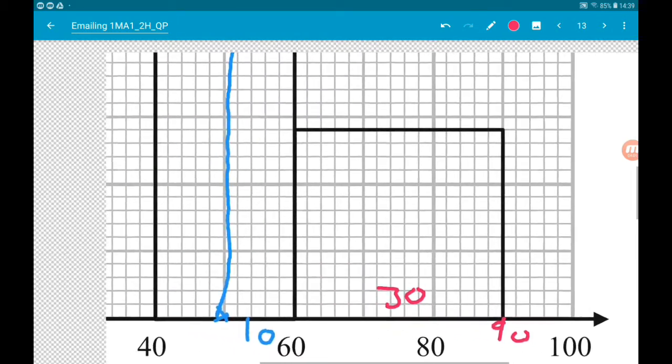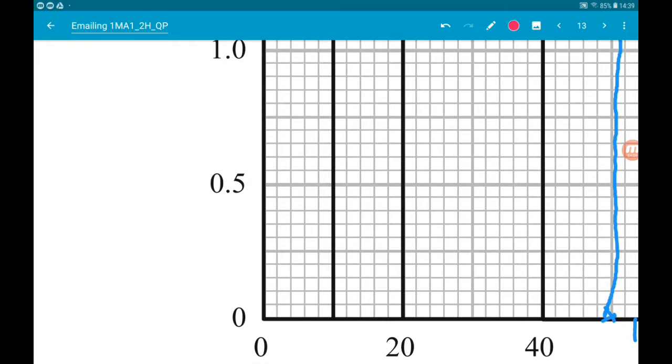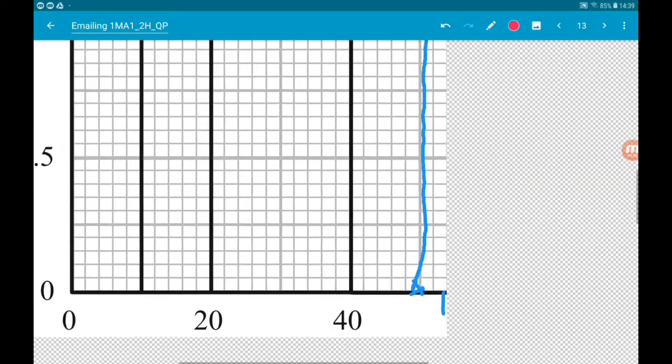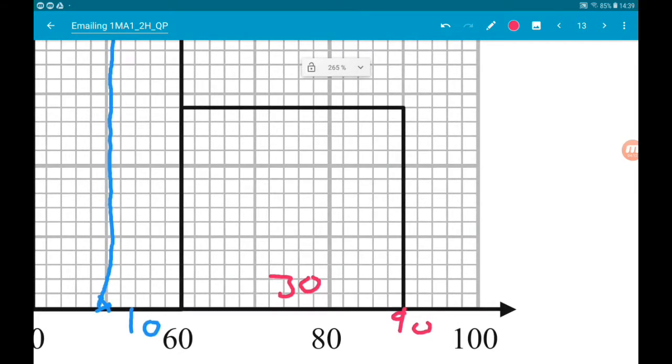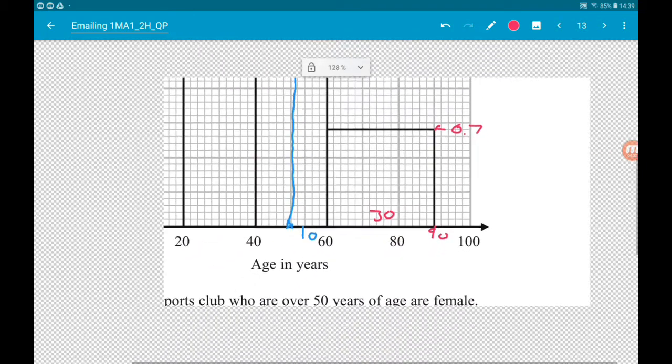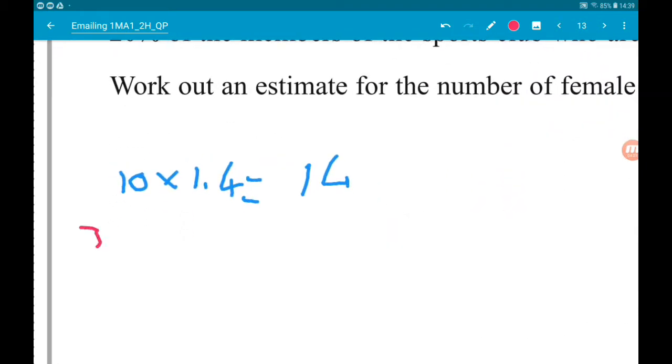And the frequency density is 4 little squares above 0.5, so that's going to be 0.7. Now 30 times 0.7 is 21.